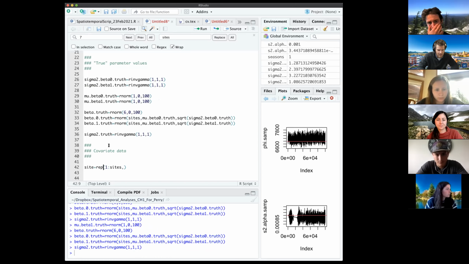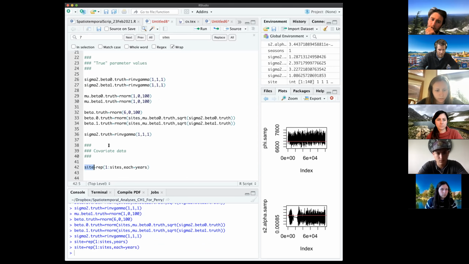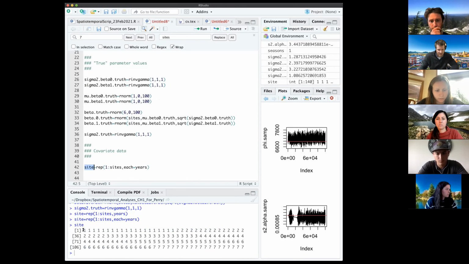All right, so we need to repeat sites for each year. So we have site 1 for 20 years, site 2 for 20 years, site 3 for 20 years. But we also need, how many?